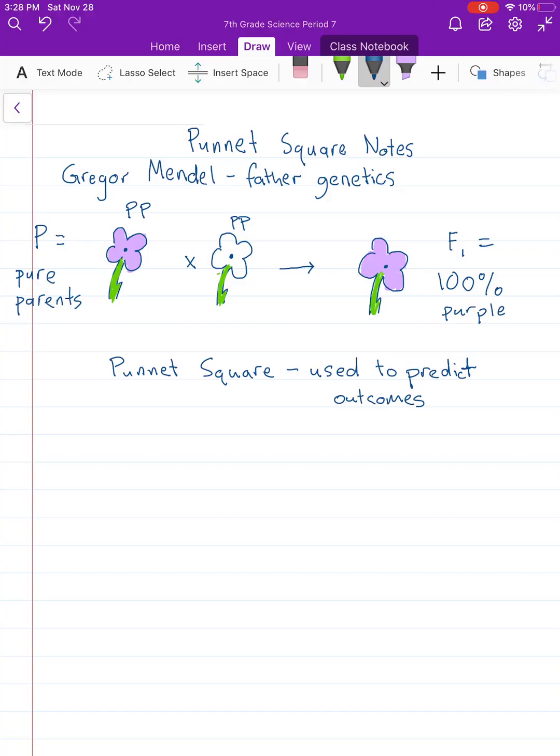So to set up a Punnett square for the P generation, the parental cross, you're going to draw your box. I like to draw my box fairly big.